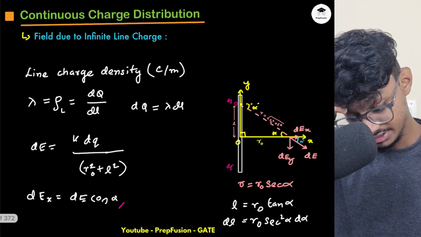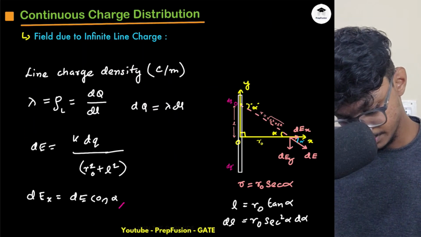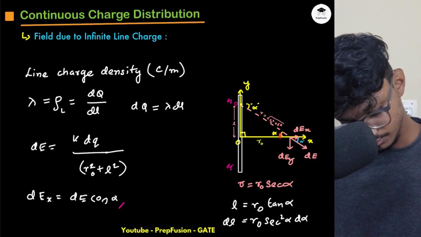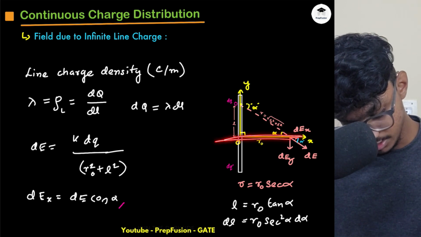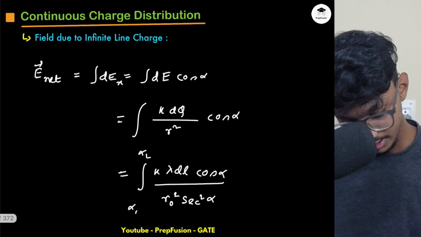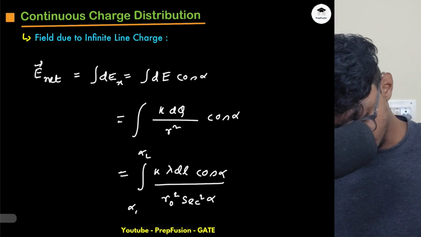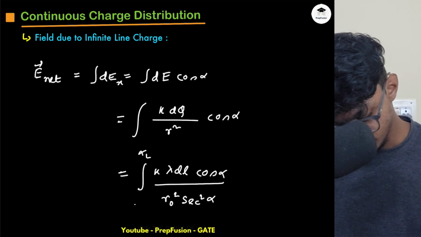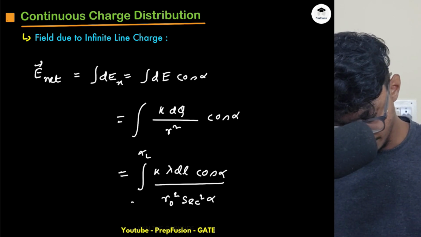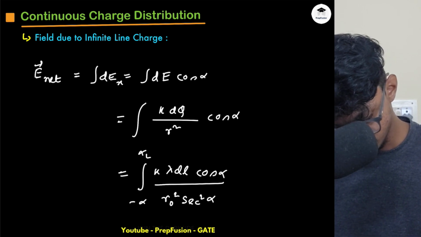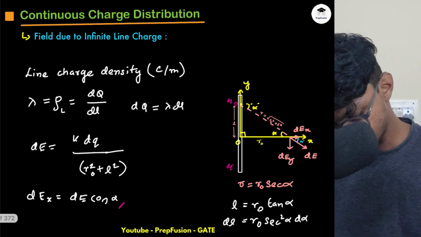This is for the symmetrical distribution. Okay. This I have derived for the symmetrical, because here it will be just in the middle. So if it is symmetrical, right, it will not be alpha 1 to alpha 2. It will be actually from minus alpha to plus alpha. Okay, because it is symmetrical distribution.